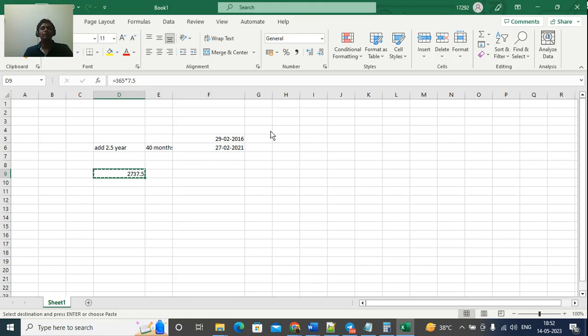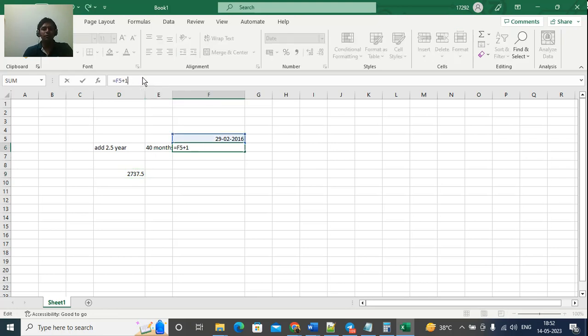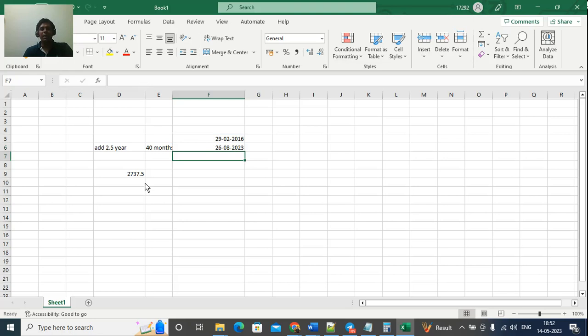Okay. So again, 2735.5. So we are getting 26th August 2023, which will be the next date when, from that low, some change in trend will happen.